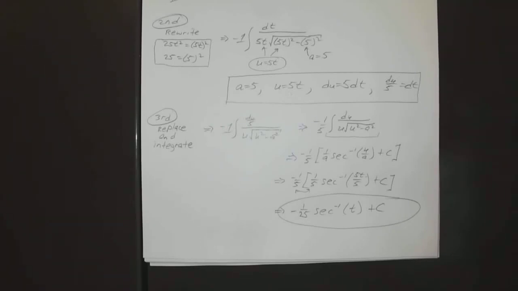All right, so any questions on that one? So as long as you recognize the formula, it's just the same 3 steps. This is very similar to what we did last week, right? Yep. Just substitution with the trig function.